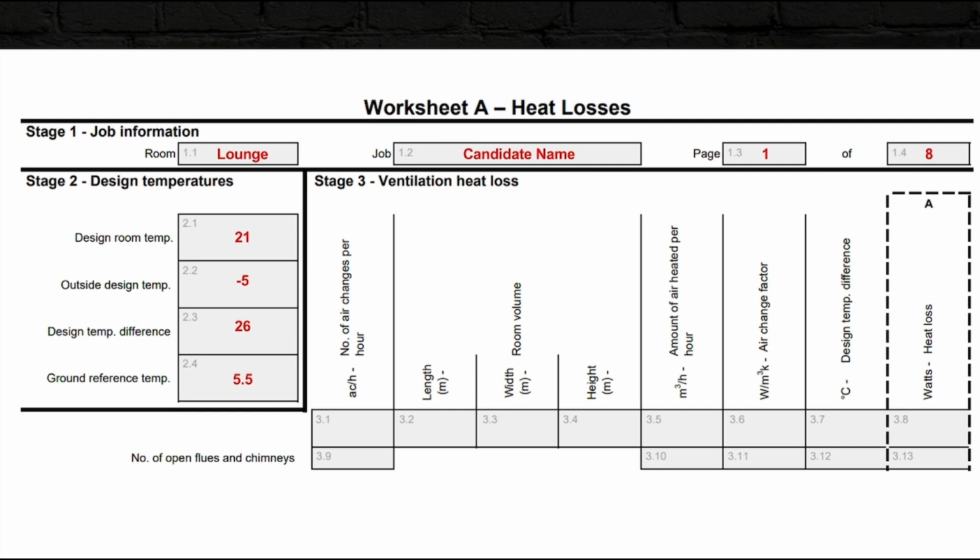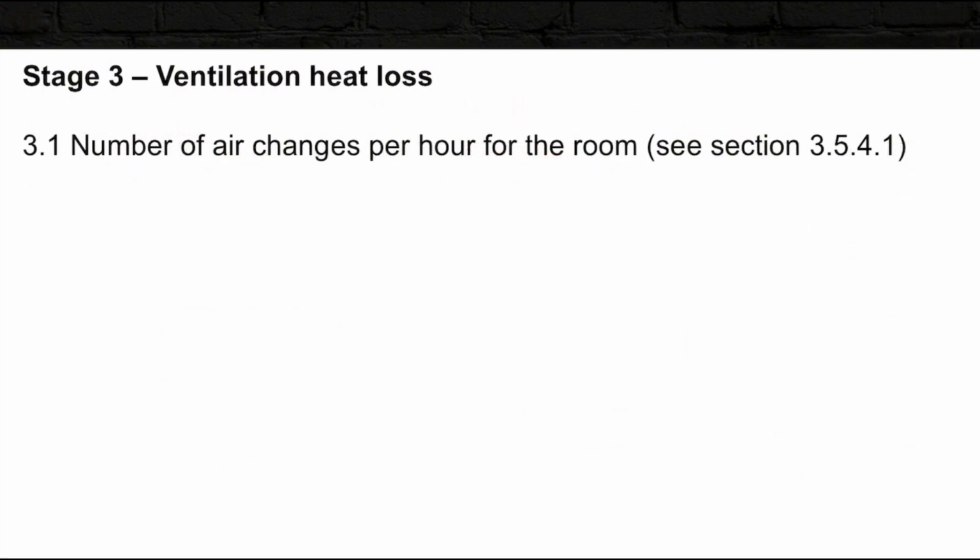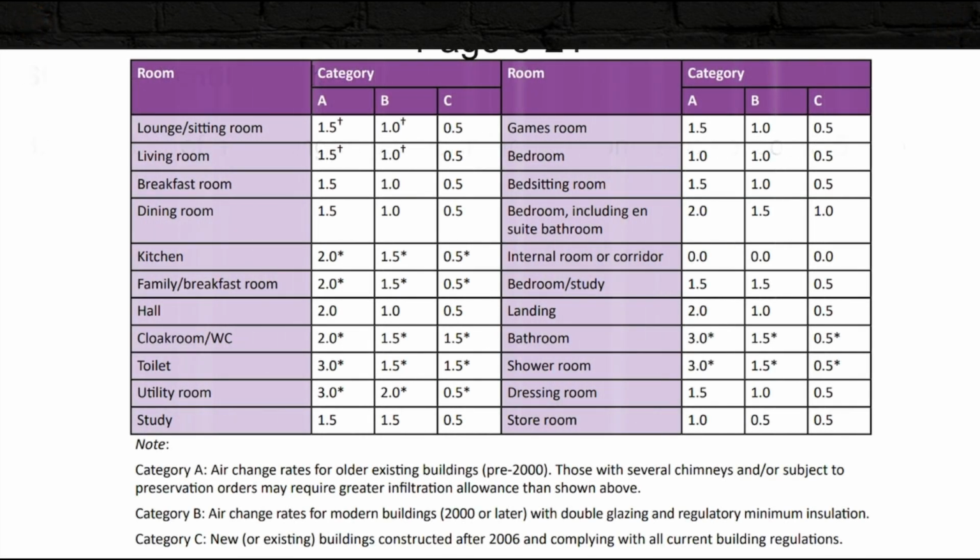Now stage 3 is ventilation losses. So box 3.1, we need to ascertain how many air changes per hour our room will encounter. So again, as a guide, we use the table on page 18. So our rooms are broken into 3 categories, A, B and C, and that is when they are constructed.